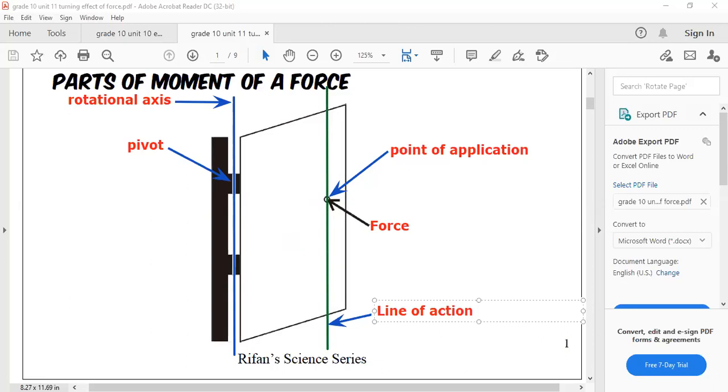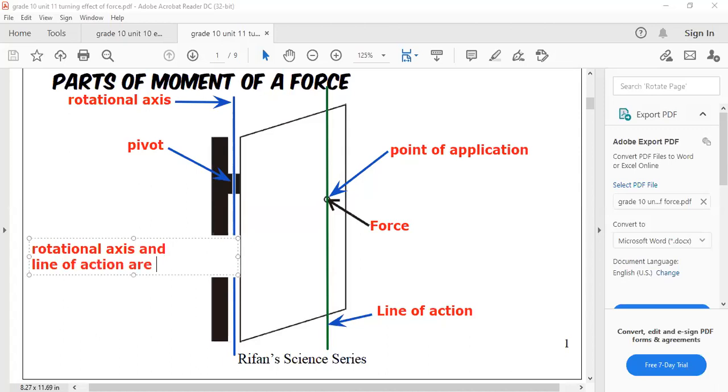Remember, the two lines are parallel to each other. Which two are parallel to each other? Rotational axis and line of action are parallel to each other. Clear?